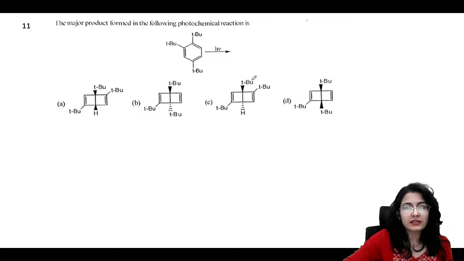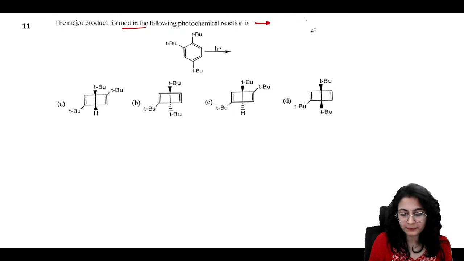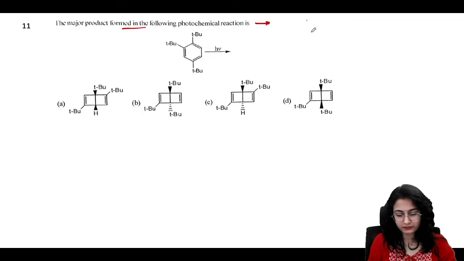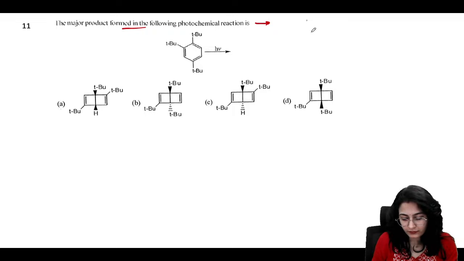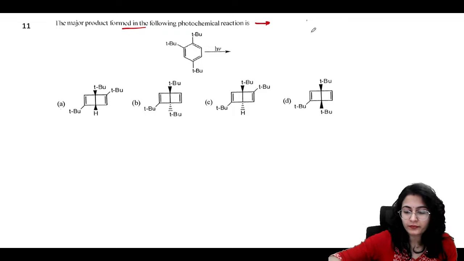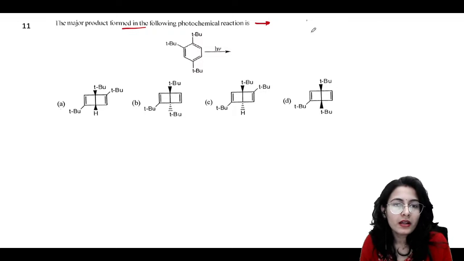आ जाओ. दूसरा question. Again a PYQ. Major product formed in the following photochemical reaction is. Alright guys, see.